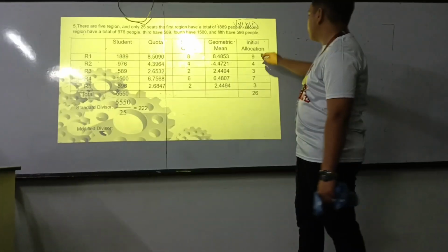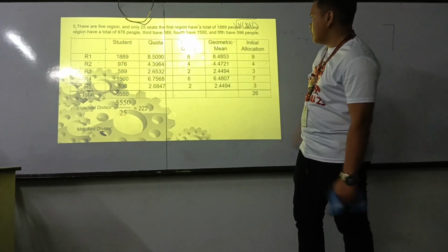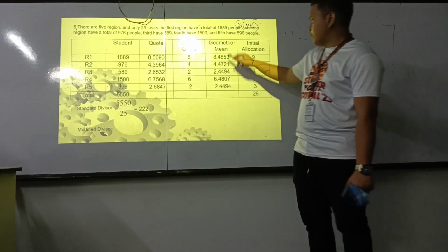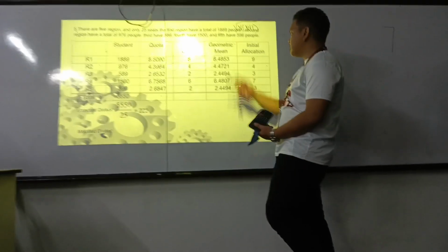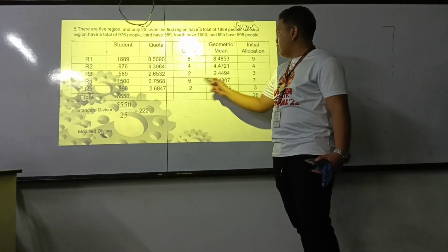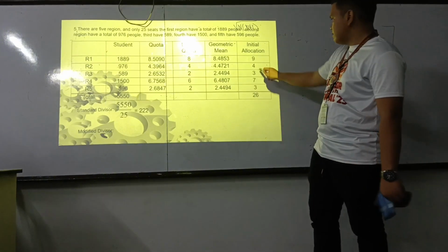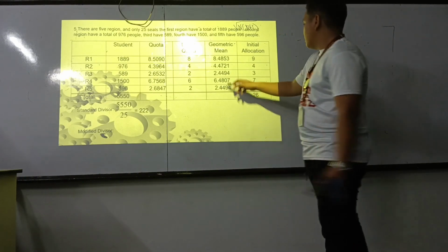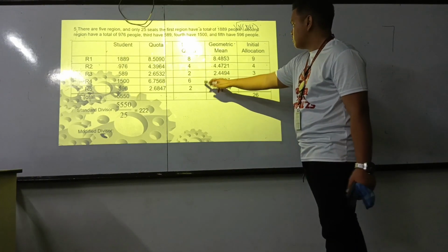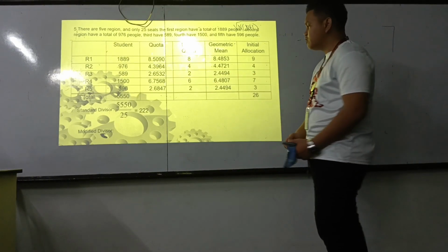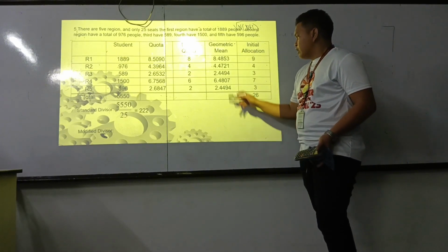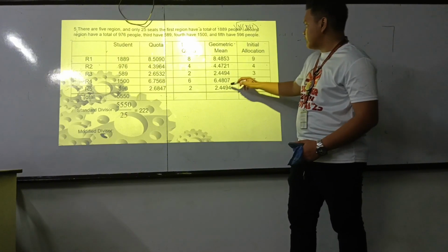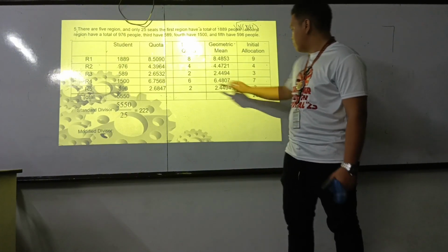So 8 plus 1 equals 9. In region 2, our geometric mean is higher than the quota. In region 3, our geometric mean is lower than the quota. So 2 plus 1 is 3. Our geometric mean in region 4 is lower than the quota. So 6 plus 1 is 7. And in region 5, our geometric mean is lower than the quota, so 2 plus 1 is 3.